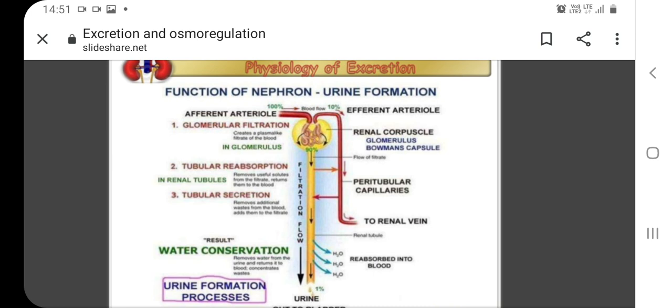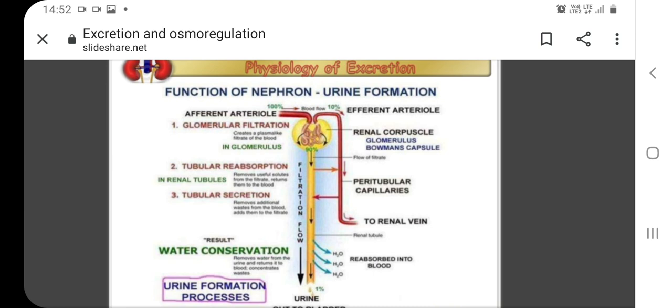In the loop of Henle, the filtrate continues to exchange solute and water with the renal medulla and the peritubular capillary network. Water is also reabsorbed during this step.